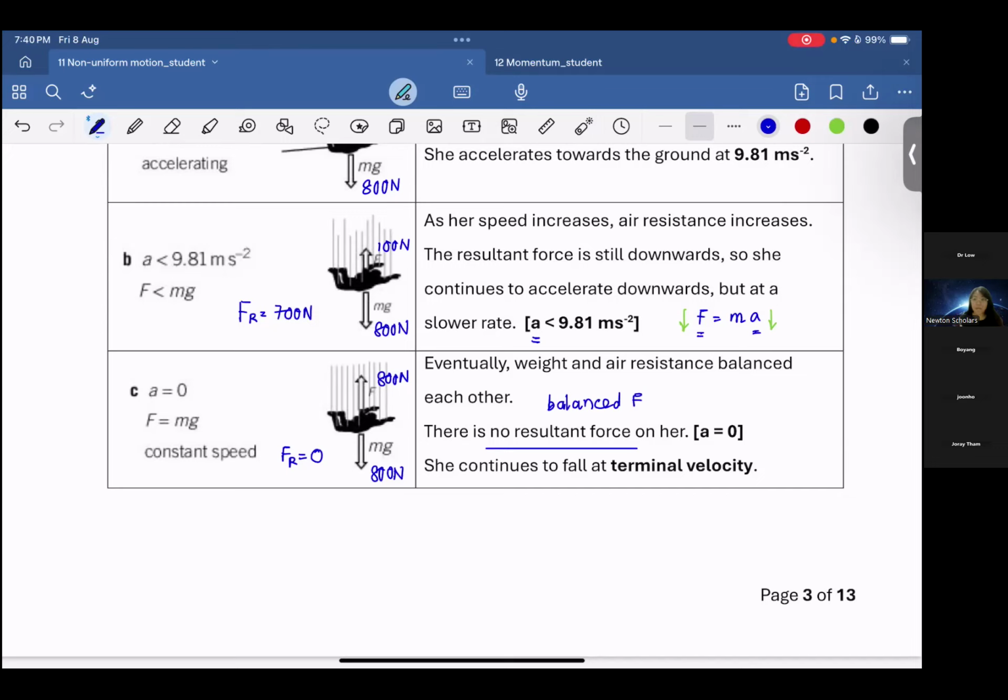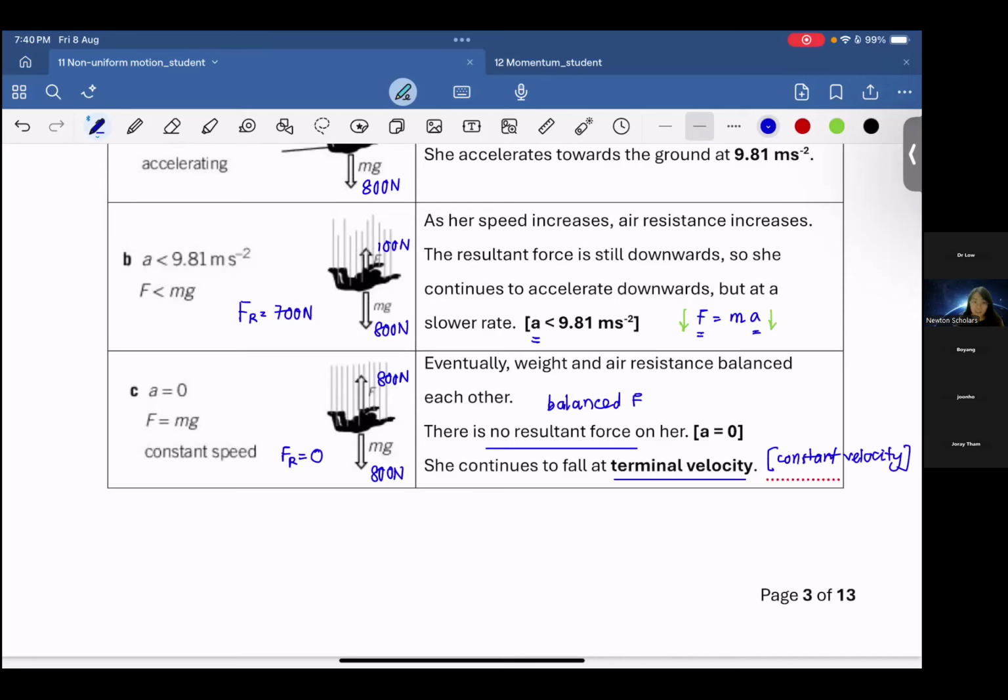So they will have two possible motions. One is that the object is at rest, or the object is moving but with constant speed. Right now, because the object is moving downward, this motion is constant velocity. It should be moving with constant velocity when the upward force and downward force balance.